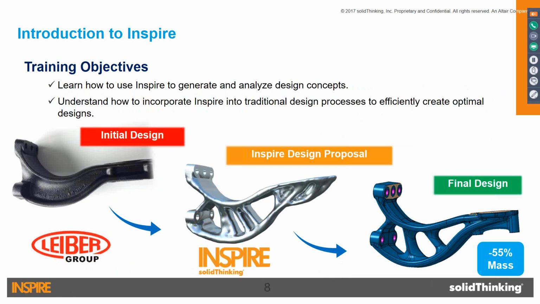We're going to take that and perhaps run a baseline analysis on it to understand how our part behaves right now. But then we're going to convert it into what we call a design space, and we'll be talking about that, and allow Inspire to help us understand what our part should look like, and realize where material is necessary, and perhaps more importantly, where material is not necessary.